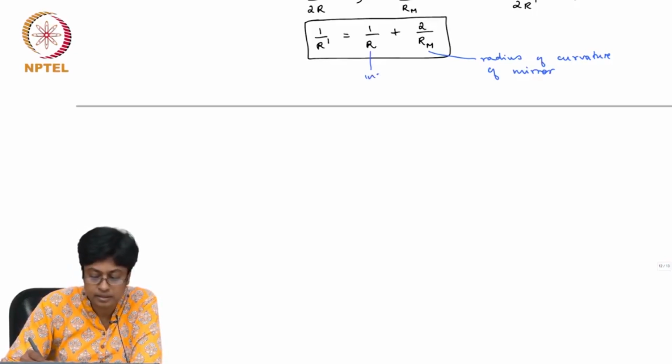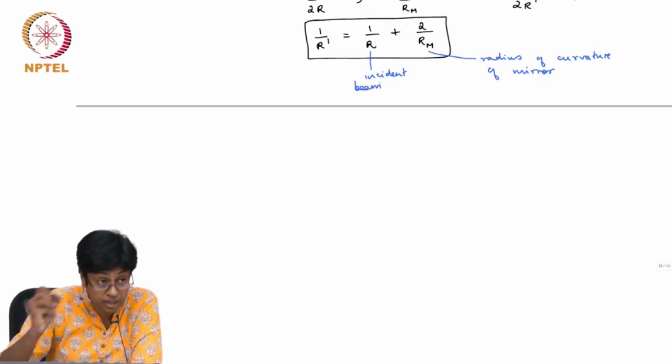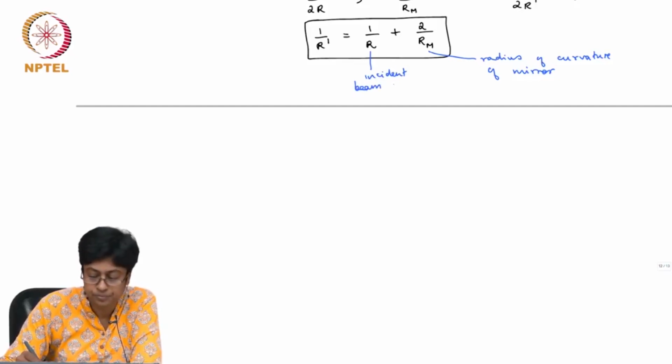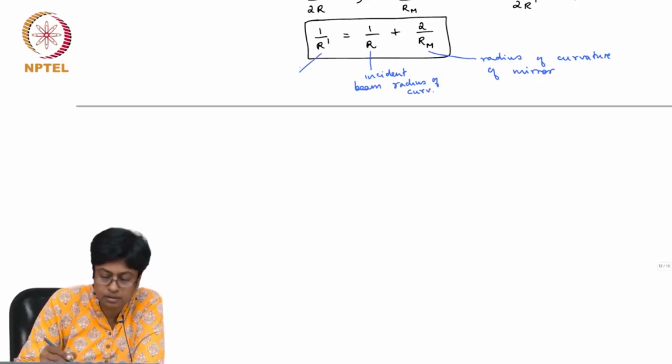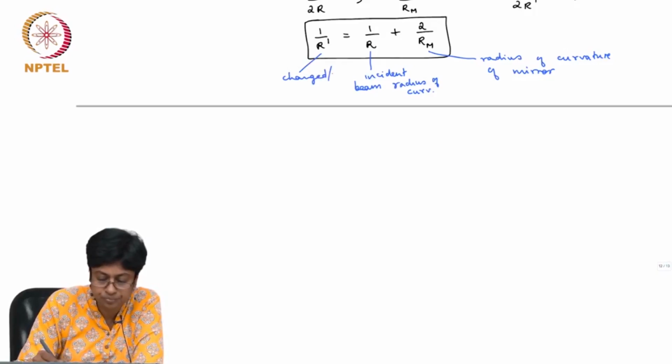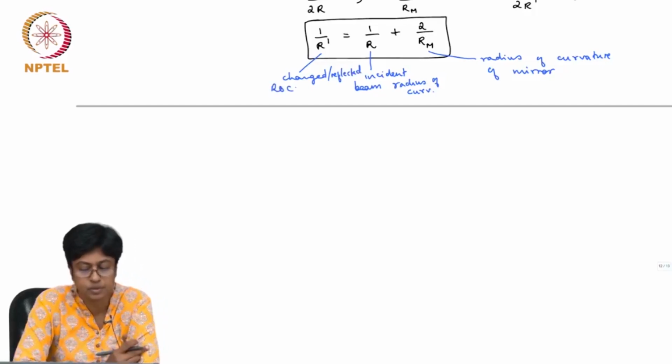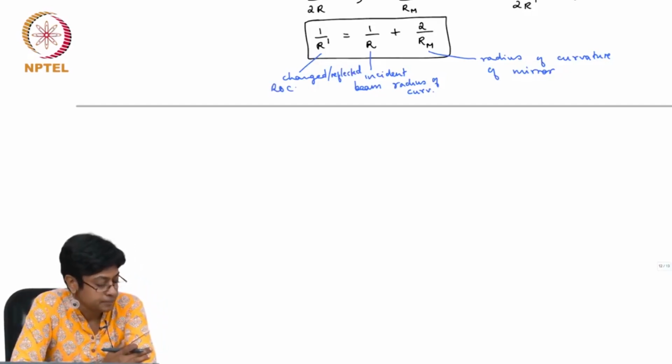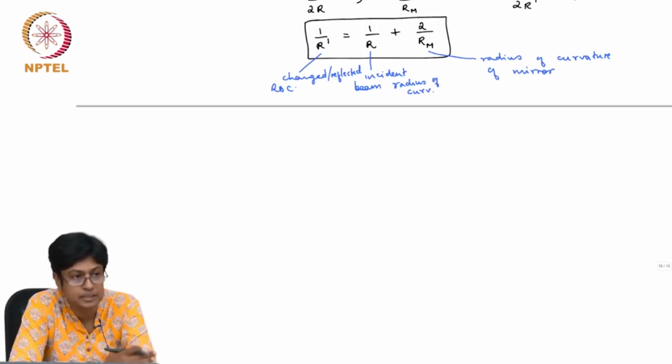This is the incident beam curvature, the wave front curvature. And this is the changed or reflected radius of curvature. So how does a mirror affect it? It affects it by this equation.